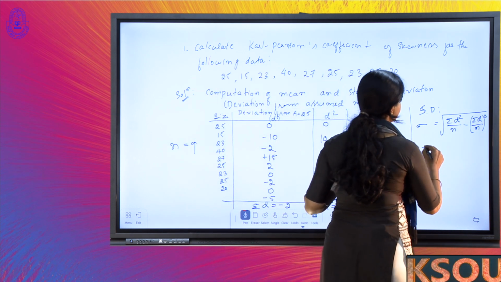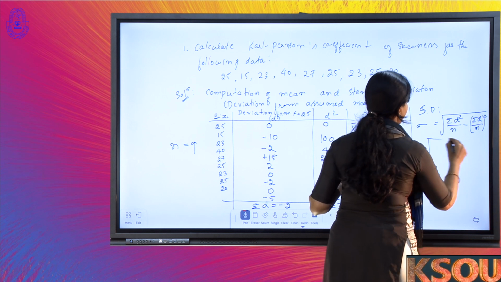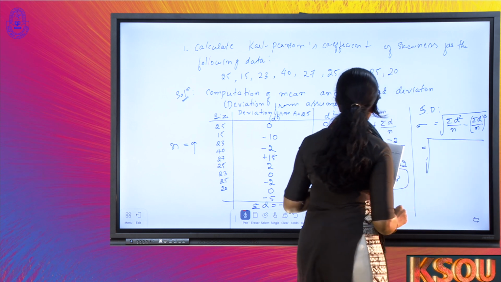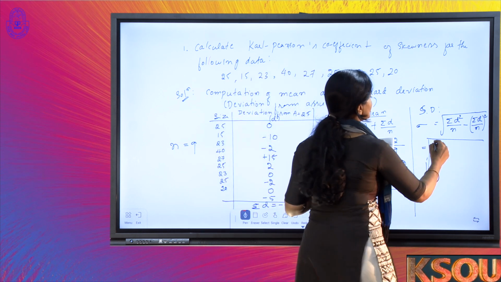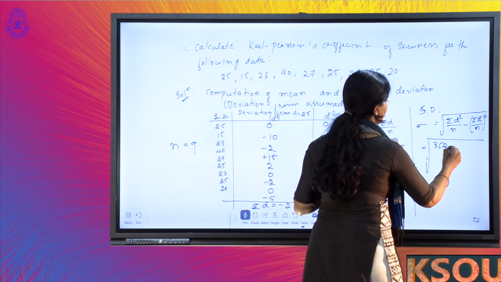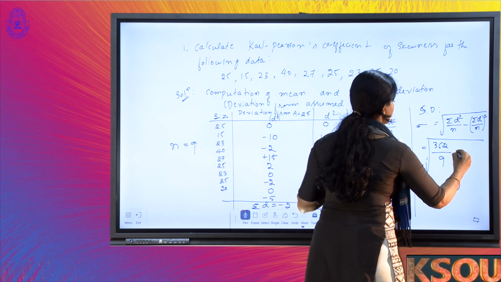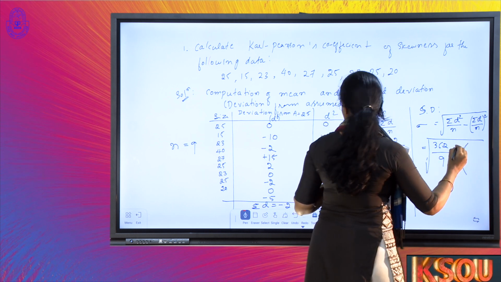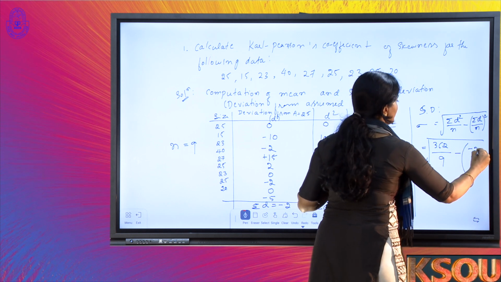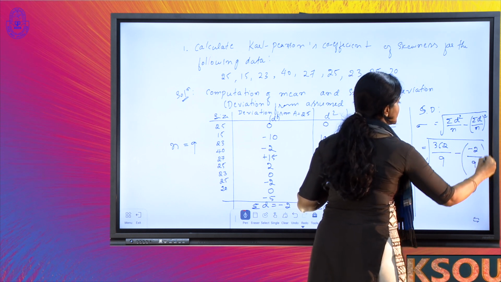Let us calculate the standard deviation here. So, take summation d square by n. So, summation d square here is 362, take that value, 362 by n, minus summation d, that is minus 2 by 9 whole square.